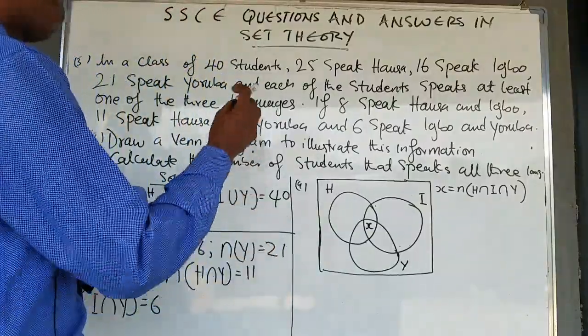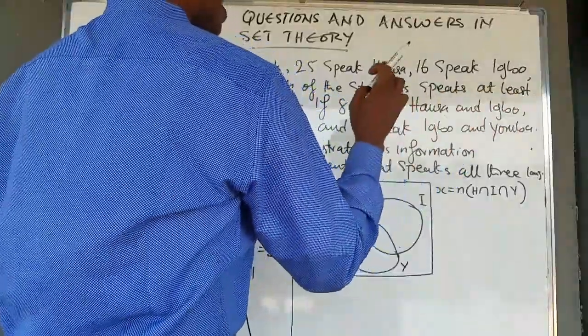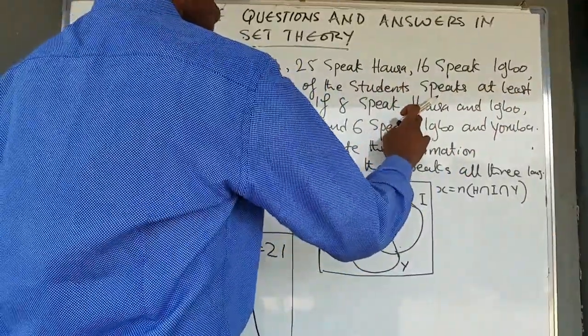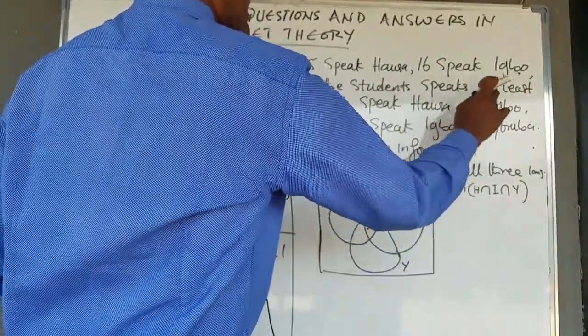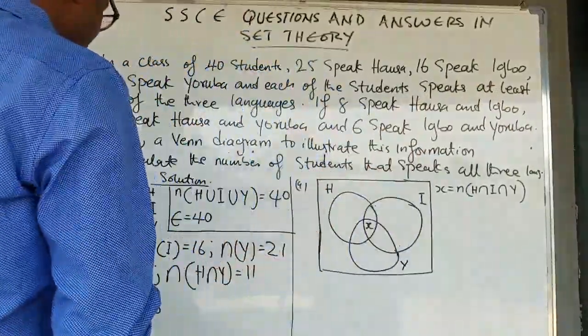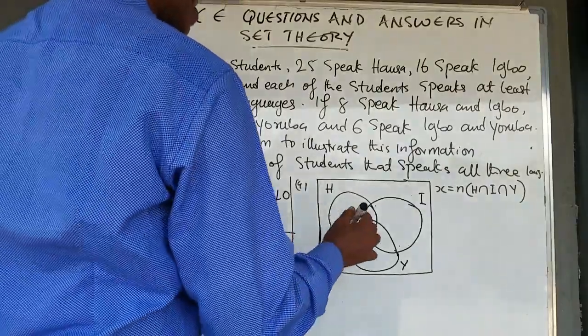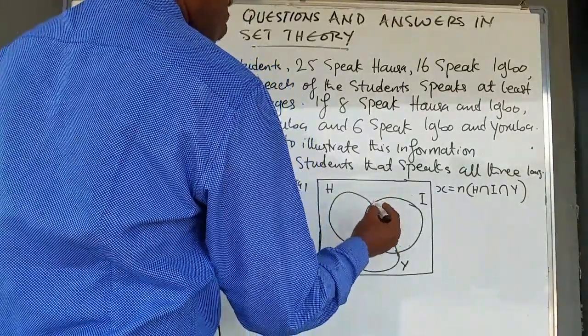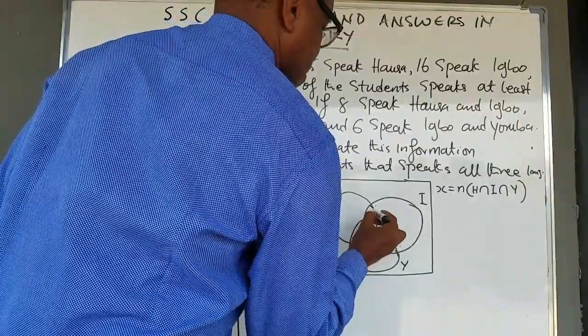Then, from the question, if 8 speak Hausa and Igbo, this thing means Hausa intersection Igbo, or H intersection I. And H intersection I is actually 8. So we have here 8 people.